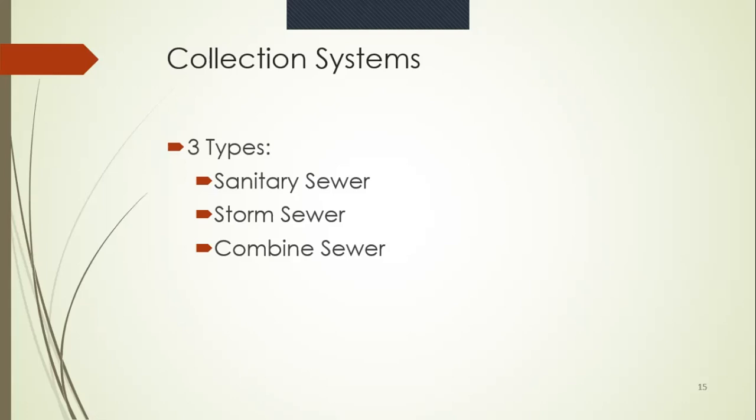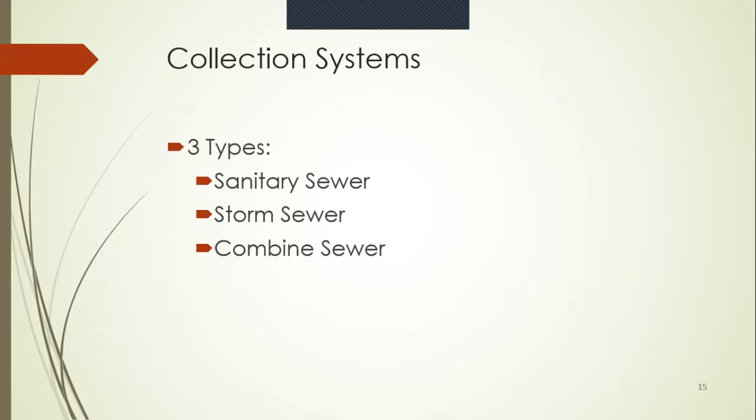So these collection systems can be of three types mainly. We can have only the sanitary sewer lines, that is the wastewater collection pipelines from the households.